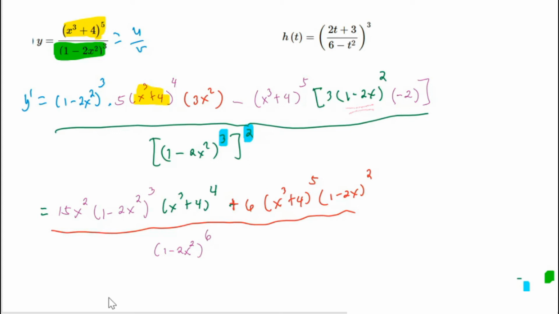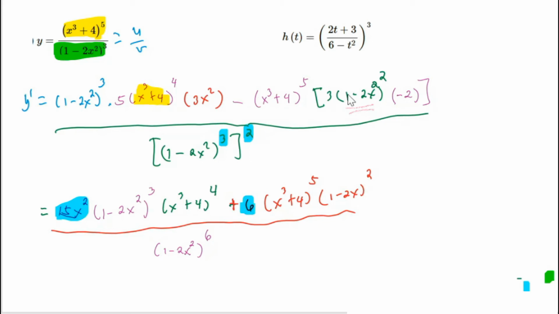Now, if you want to simplify further our numerator, then we are going to find the common factor. Let's start first with the monomials. We have 15x squared together with 6. The common factor between 15 and 6 is just 3.